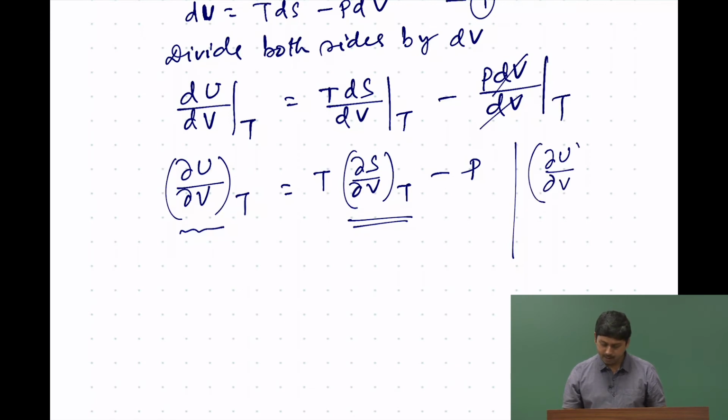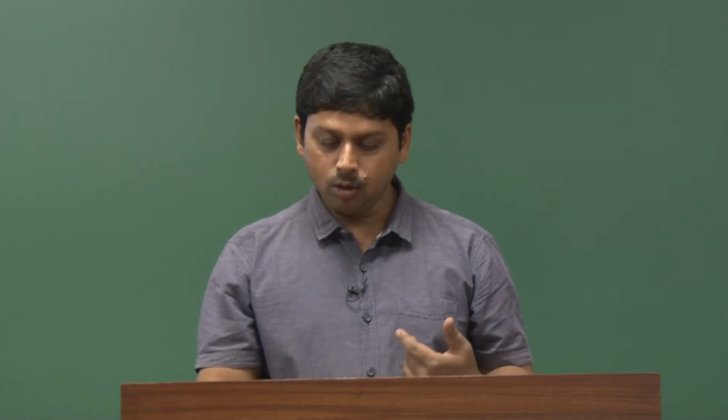You remember that del U by del V at constant T was equal to minus Cv times mu J, where mu J is the Joule's coefficient, and we said that for an ideal gas it would be 0, and for a non-ideal gas like a van der Waals gas or a real gas, it will be non-zero.